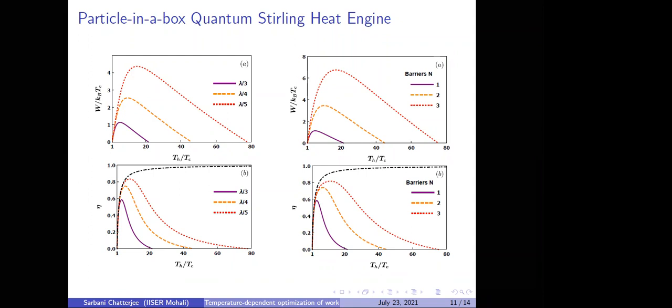The gap between two energy levels then shall approach zero, and we obtain a continuum of energy levels. Therefore, the particle will behave as a free particle, and the work needed to insert or remove the barrier will become zero, as is also evident from the plot.